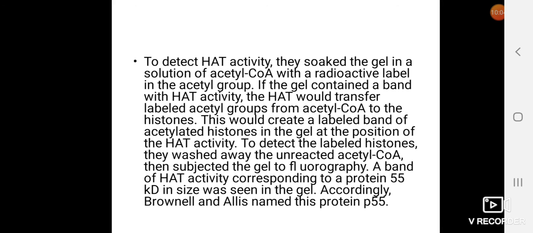To detect the HAT activity, they soaked the gel in a solution containing acetyl CoA, which carries a radioactively labeled acetyl group. If the HATs are active, they will acetylate the histones, and if inactive, they cannot acetylate the histones.